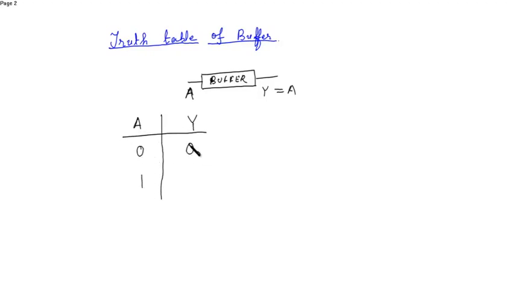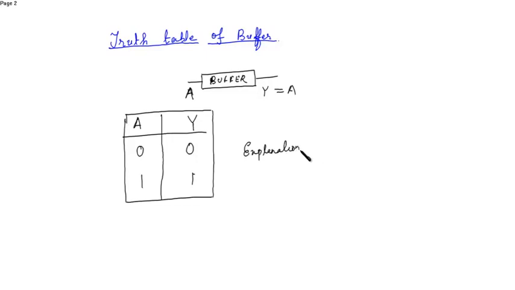When A is 0, output will be 0. When A is 1, my output will be 1. So this is my truth table of a buffer. We'll see the verification of the truth table after we draw the schematic.